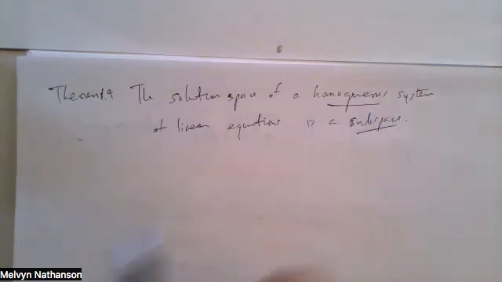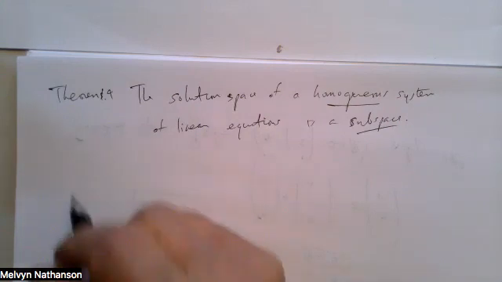So when you have a homogeneous system of equations, the set of solutions, the solution space, is always a subspace. If there are n variables, it's the subspace of Rn.